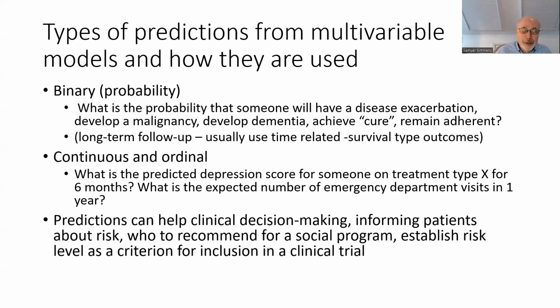And continuous scores. It's not used so much for that, but there's no reason you couldn't use it to predict what someone's depression score will be after they've been in treatment for 6 months, or a more health policy type question: what is the expected number of emergency department visits for a particular patient, given what we know about them?